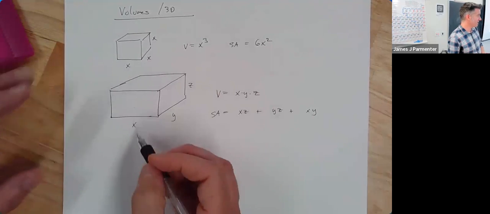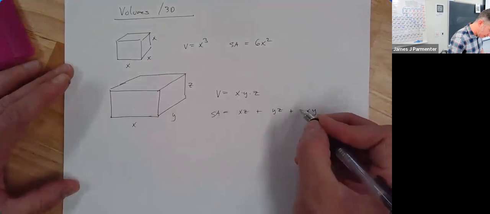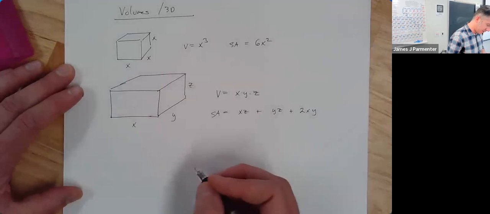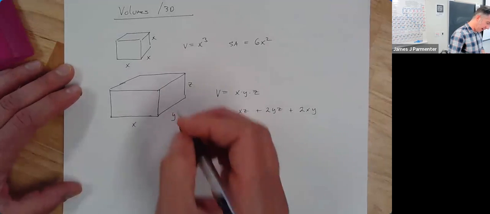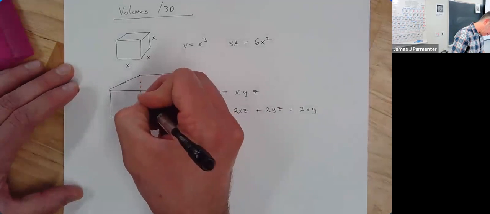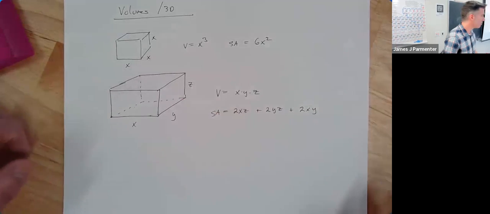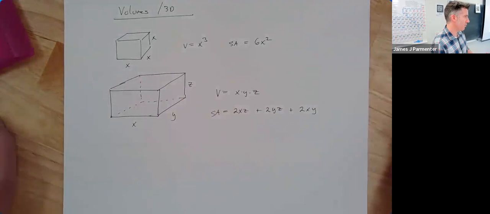But then every face I just mentioned also has an opposite face. There's a bottom face that is also x times y. There's a left face that is also y times z, and there's a back face that is also x times z. Which, if we draw in the rest of it, maybe you see. There are 6 faces on a rectangular prism.